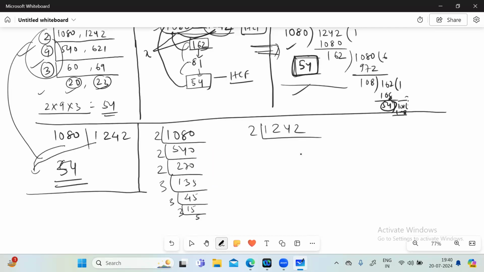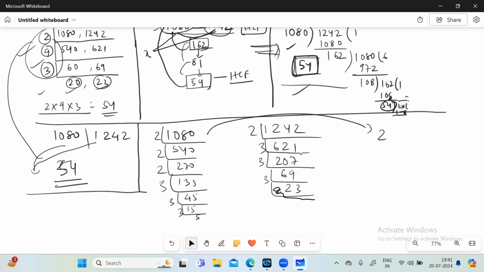If you write the prime factorization of this, it will be 621, 207. We have already studied in a previous class how to do prime factorization. I'm just trying to find the common factor of these two numbers.